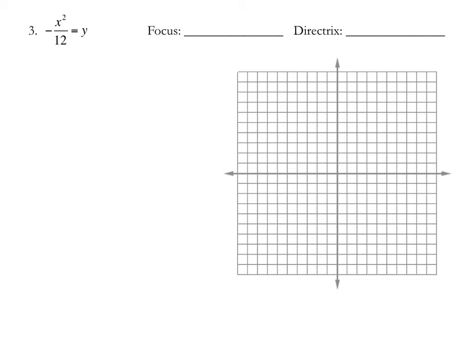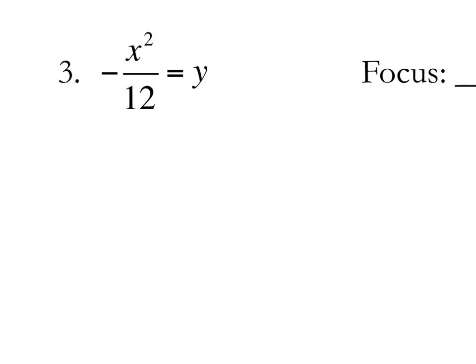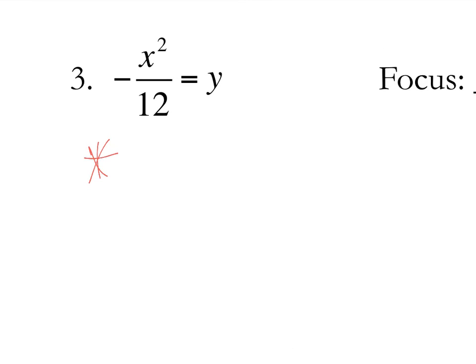Alright, in number 3, the first thing we need to make sure happens is the coefficient is actually supposed to be over by the first degree polynomial. So the squared one, you actually want to be by itself. So you have a little bit of work to do here first. Note here that you need the squared variable by itself.